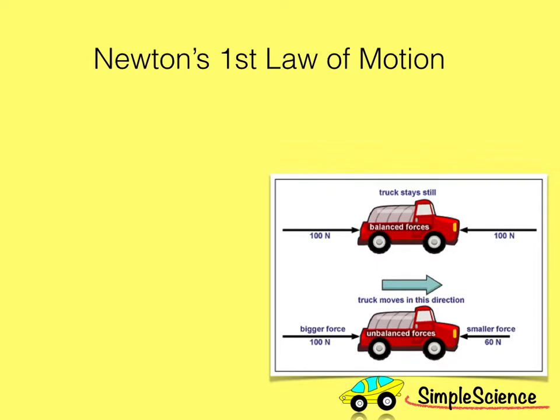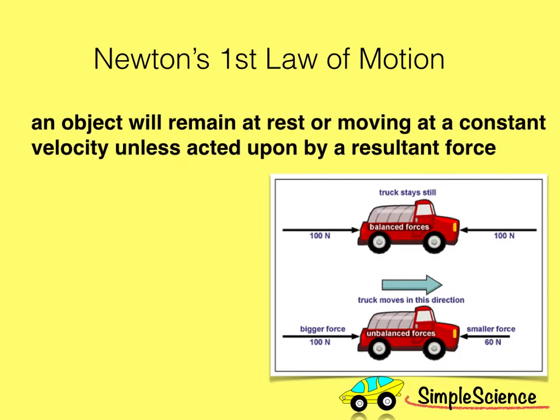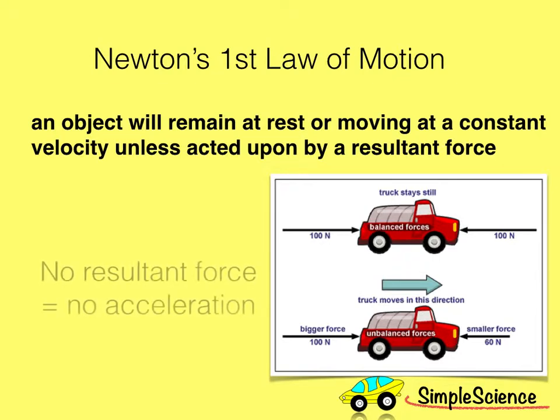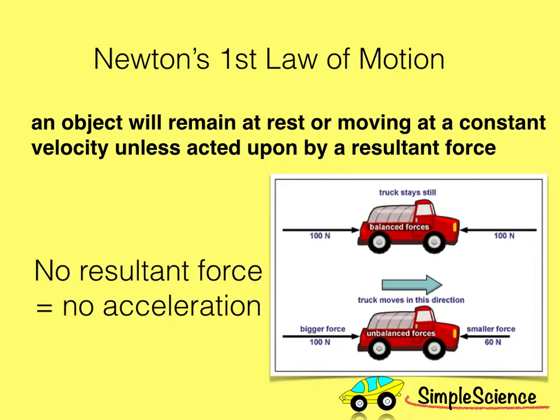Now let's look at Newton's first law of motion. It states that an object will remain at rest or moving at a constant velocity unless acted upon by a resultant force. This is based on the concept that if there's no resultant force, there is no acceleration. For example, look at the diagram.